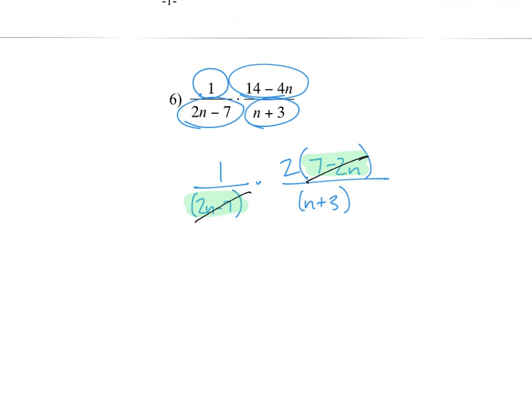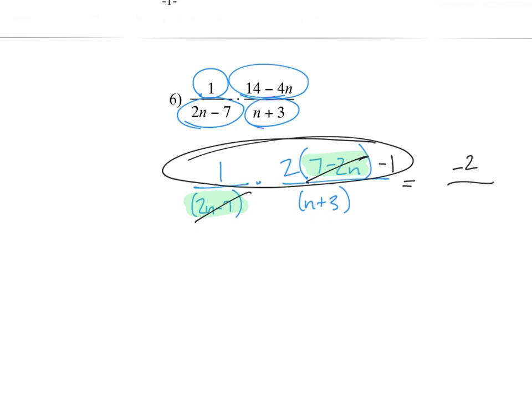You can put it up top, you can put it down below, you can put it out in front. It really doesn't matter where you put it as long as it's there. Now when I multiply the stuff together that's left on the top, I get negative 2. And when I multiply together whatever's left on the bottom, I'm left with n plus 3, and that's the answer. And that's it. That's the whole lesson.